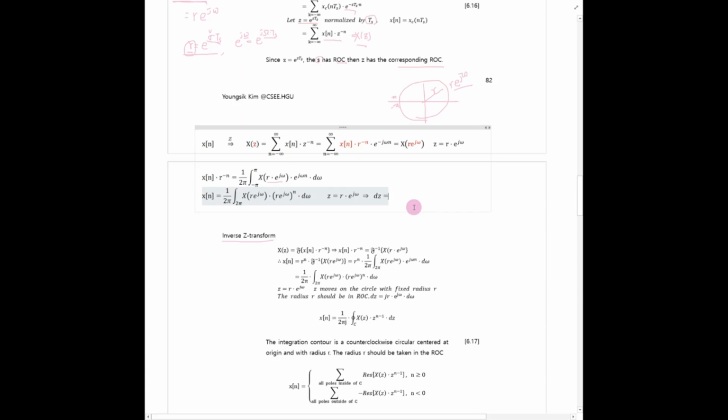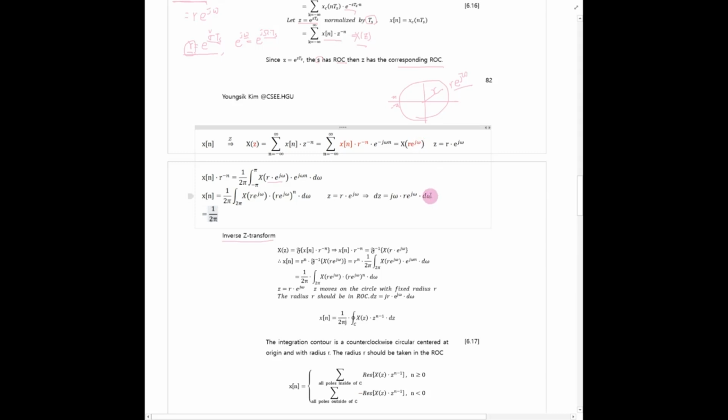So that's why j omega r e to the j omega d omega. So d omega is given this way, and we can rewrite this one into this way, 1 over 2 pi.